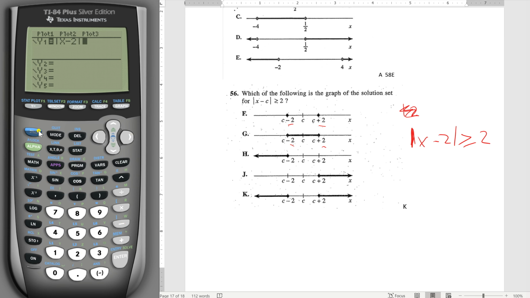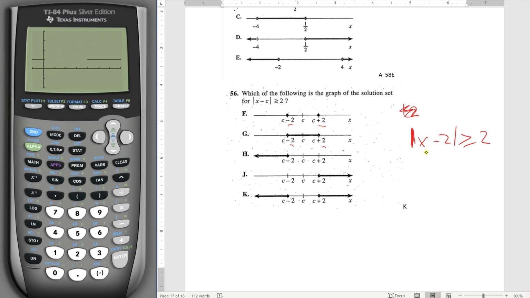And then we'll hit second, math, greater than or equal to, I could have just hit 4 rather than scrolling down, 2, and then we'll graph that to see if it gives us a general graph. And you can see there, the line stops at 0, and then it starts again at 1, 2, 3, 4. So we've said that c equals 2, right?